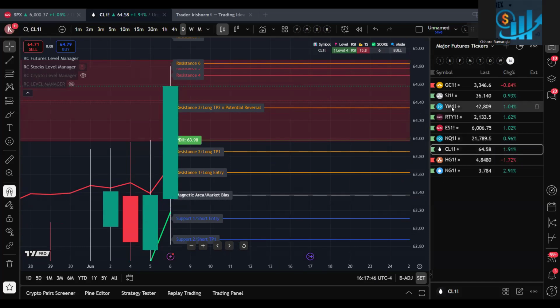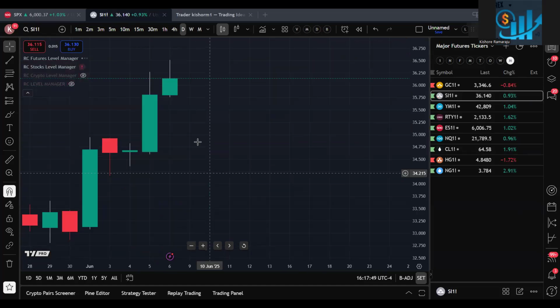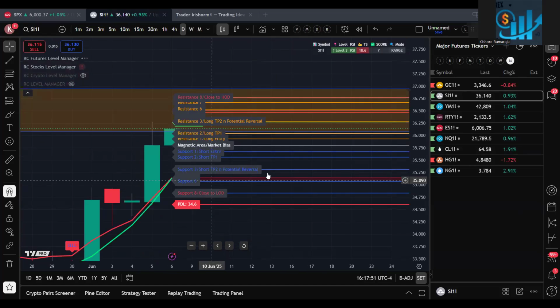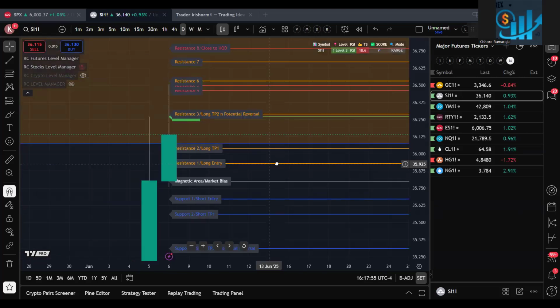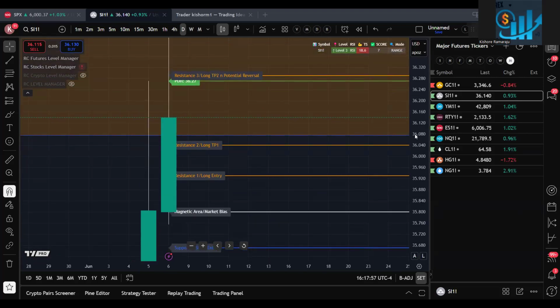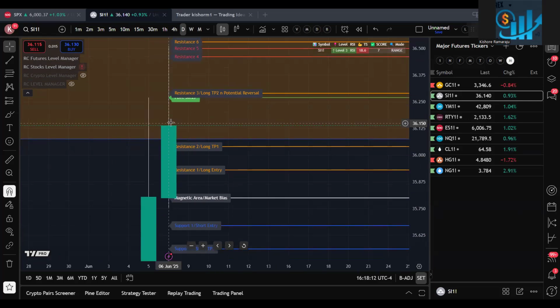If you look at silver, so in silver, your open was above the magnetic area, your close was above the magnetic area. So this is scenario 1. If your open and close are above the magnetic area, that means the trend will continue further. There is a 90% chance silver will continue to go up.